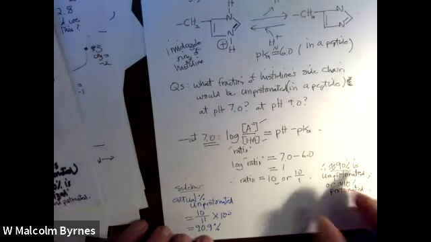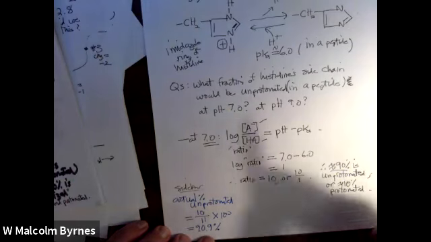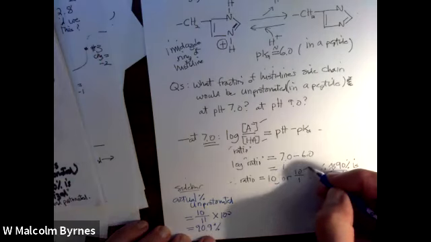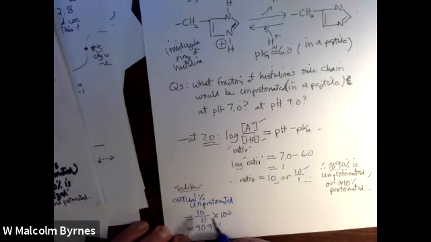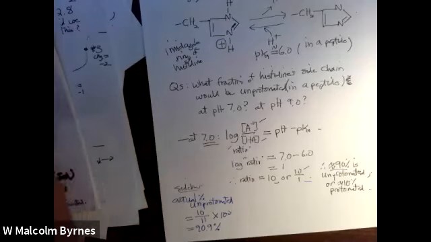Well, percent is part of a whole, so it's 10 over 10 plus the 1 that's protonated. That's the whole, so it's 10 over 11. So you get 90.9, which is still about 90%, so that agrees pretty well.